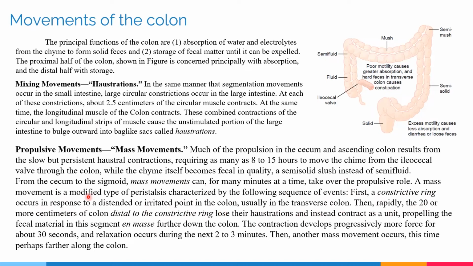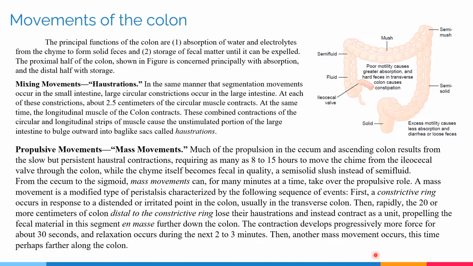Then rapidly the 20 or more centimeters of the colon distal to the constrictive ring lose their haustrations and instead contract as a unit, propelling the fecal matter in the segment en masse further down the colon. The contraction develops progressively more force for about 30 seconds and relaxation occurs during the next 2 to 3 minutes.